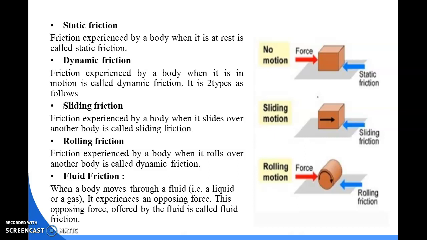For rolling friction, you must take the example of a cylinder or circular sections. Due to the rolling nature on the ground, whatever friction is experienced at the point of contact of the surface is known as rolling friction.